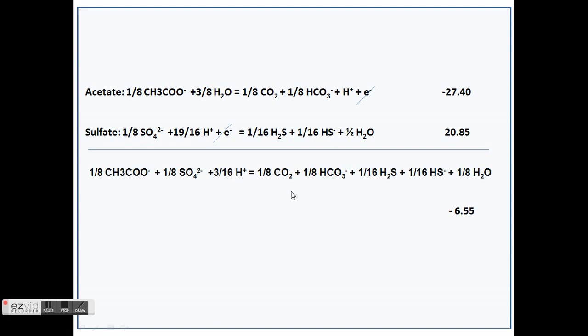So we need the negative charge on the right hand side to be 3 over 16. So we'll sum them up and see if that's correct. We have 1 over 8 here, and we have 1 over 16 here. 1 over 8 plus 1 over 16 will give us 3 over 16. So these charges are correct, are balanced.